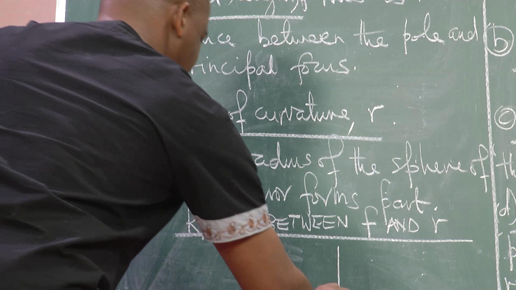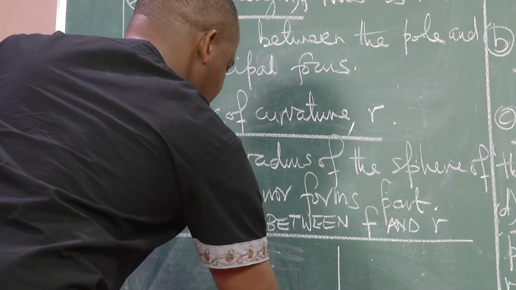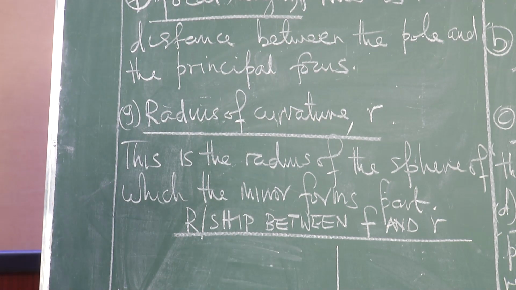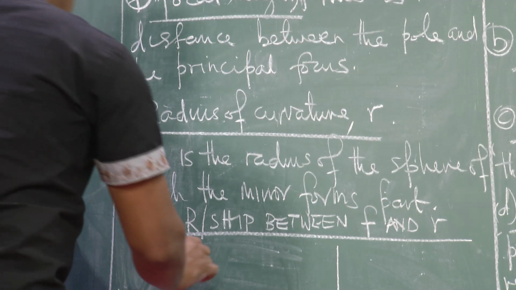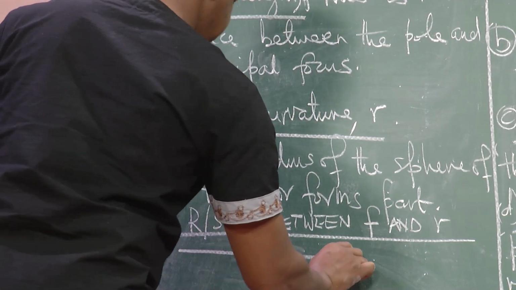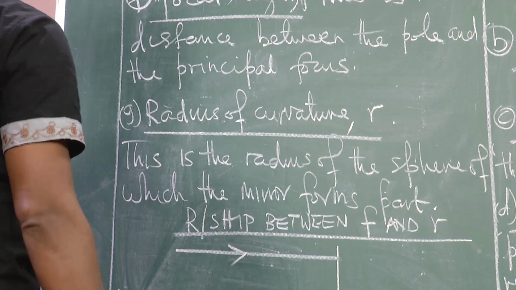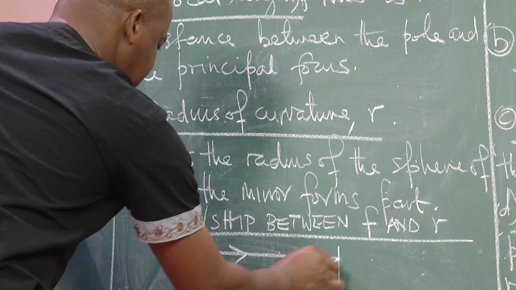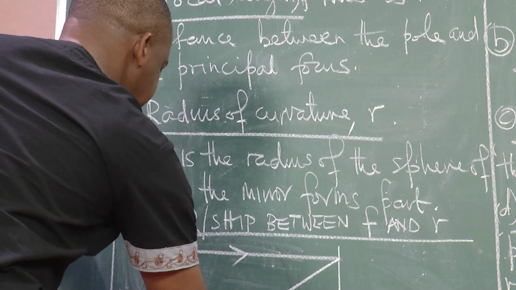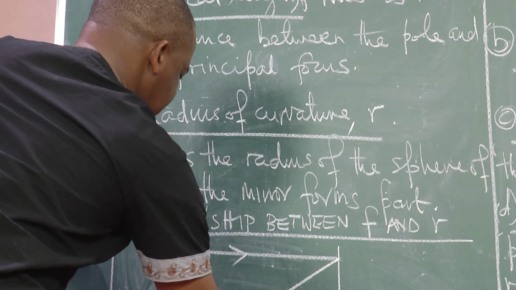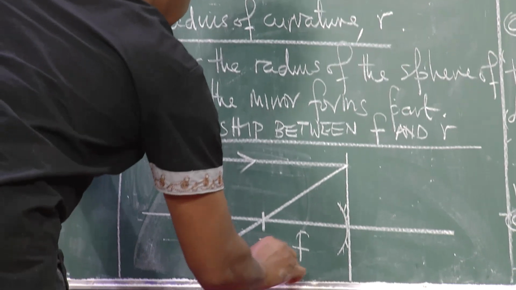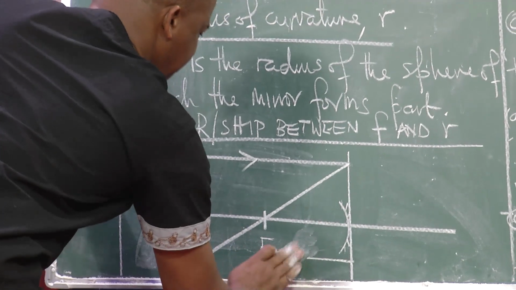Now that I have already equipped you with the ability to use this mirror in any format you want, we shall use that small mirror. That means that any light rays that are incident on this line are reflected, as we have seen, to pass through the focal point. So this distance will be small f.